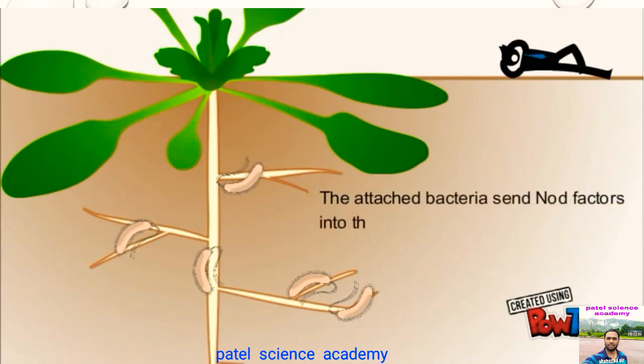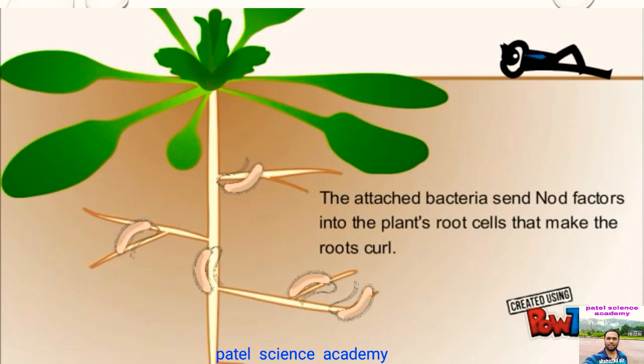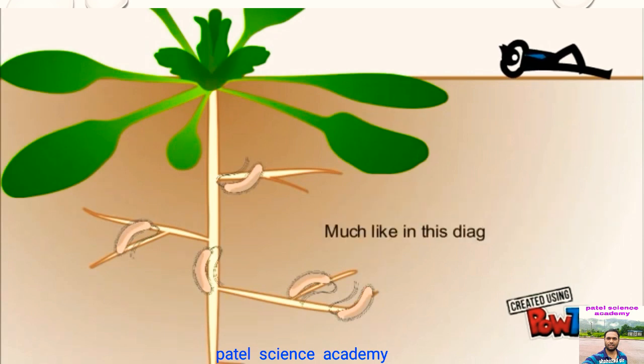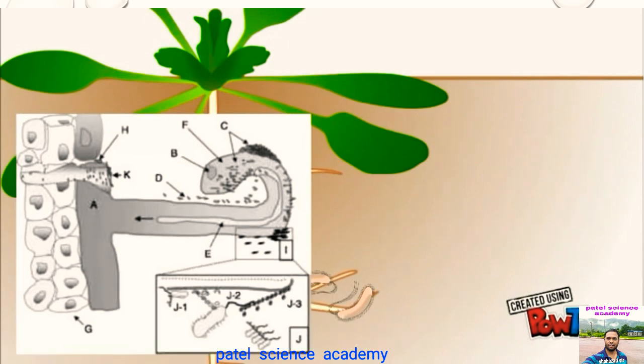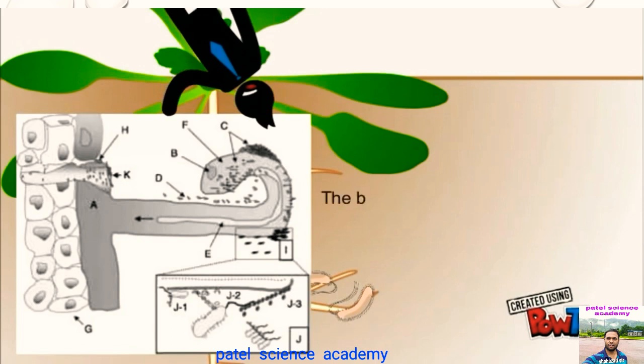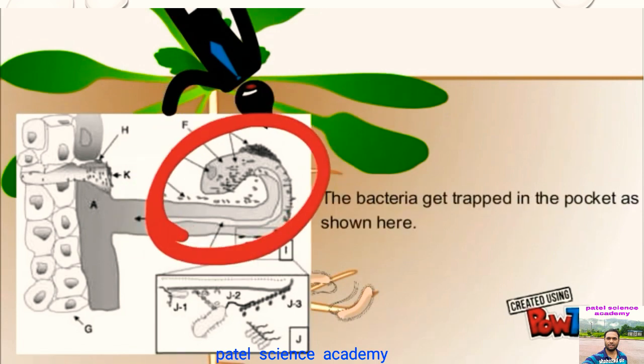The attached bacteria send NOD factor into the plant's root cell, and that makes the roots curl, as you can see here, much like in this diagram. The bacteria get trapped in the pocket as shown here, dear students.